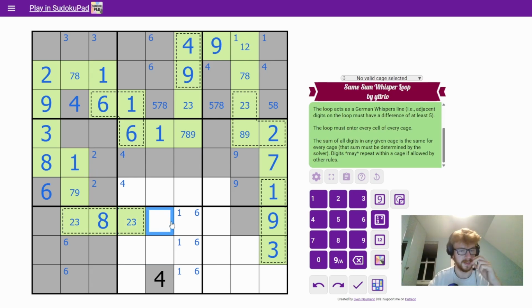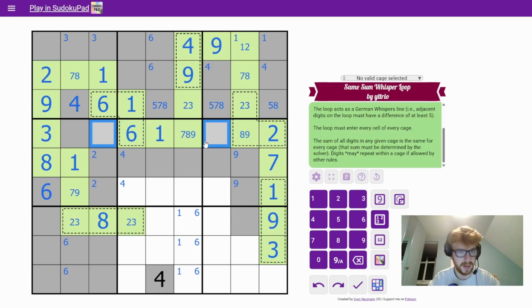Right, if that's 7, and that's 1, and that can be 6, and that can be 1, that's fine. Okay, I'm unsure. Right, I filled in this 6, so that's something. Right, 4 is either here or here, but I don't think I have anything interesting with that.